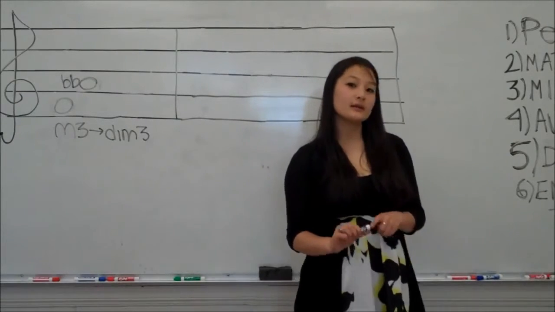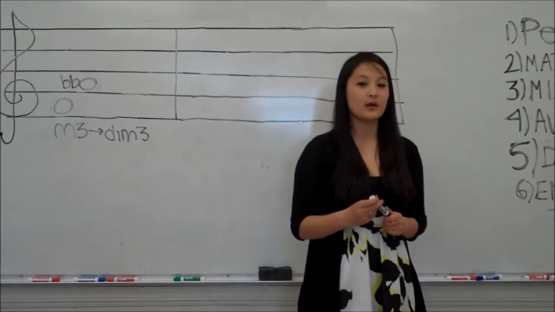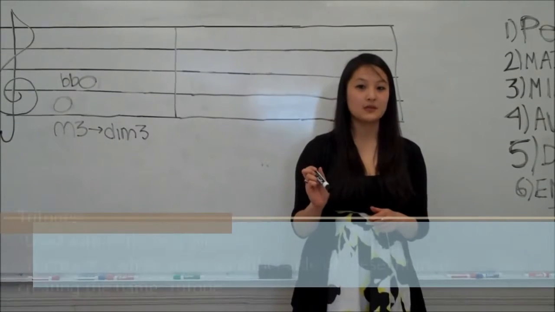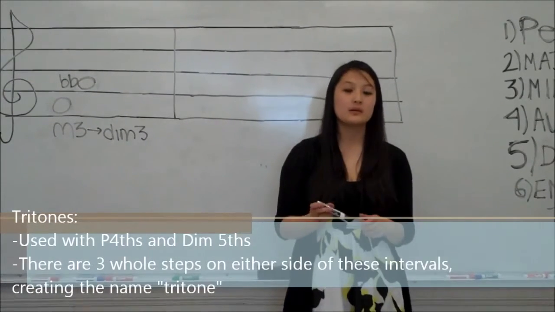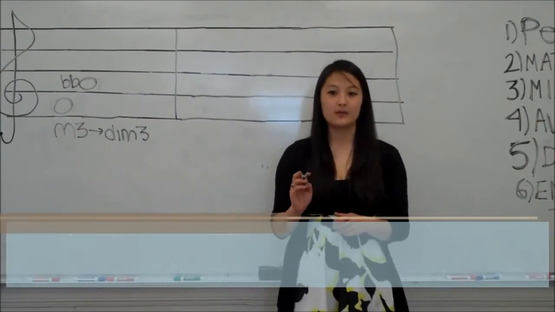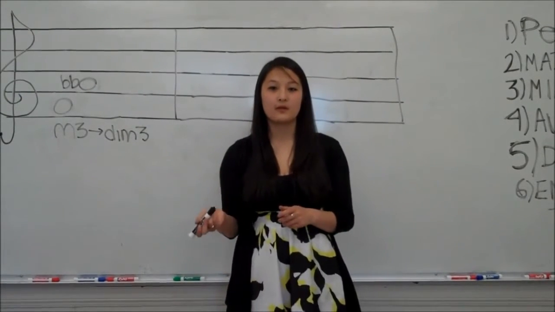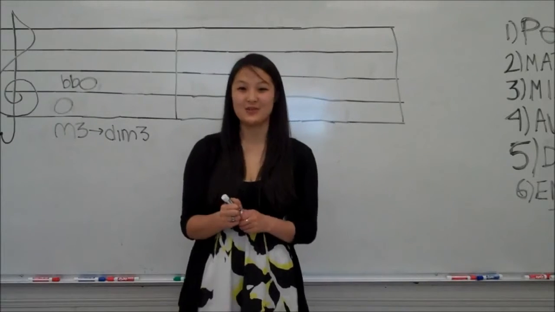So, tritones fall under the category of enharmonic intervals. Tritones are used with augmented fourths and diminished fifths because these two divide an octave into two parts, and they're 3 whole steps apart, giving them the name tritone.